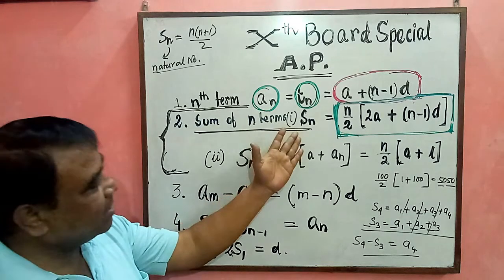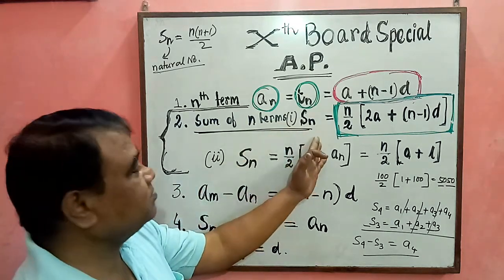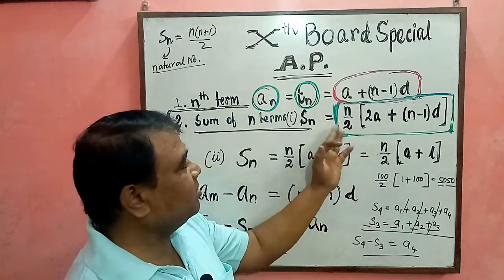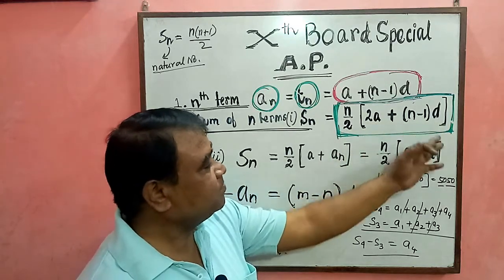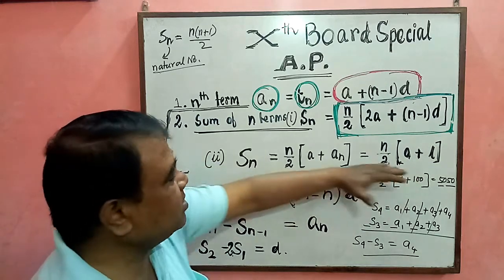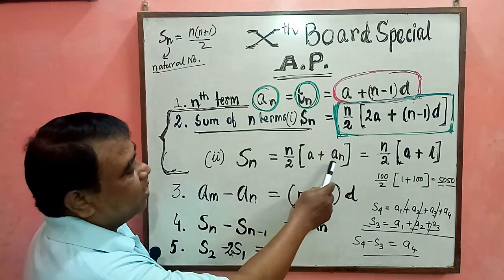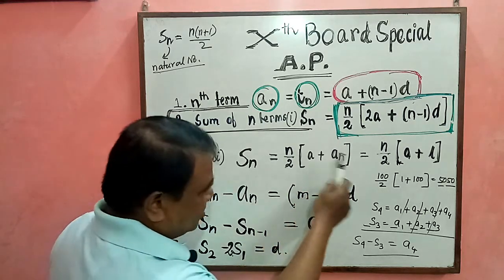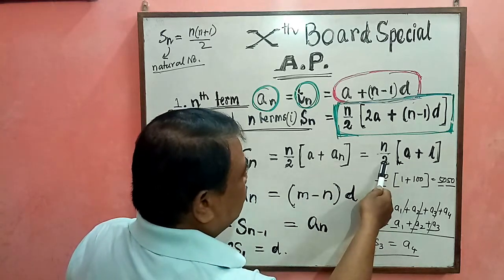Sum of n terms, there are 2 identities, Sn. n upon 2 is the formula, Sn equals n upon 2 into 2a plus n minus 1 into d. This could be written in 2 ways. This is n upon 2 into first term plus the nth term, that is nothing but the last term, l. So Sn equals n upon 2 into a plus l.